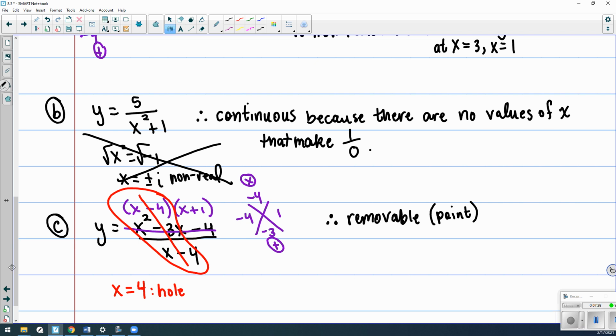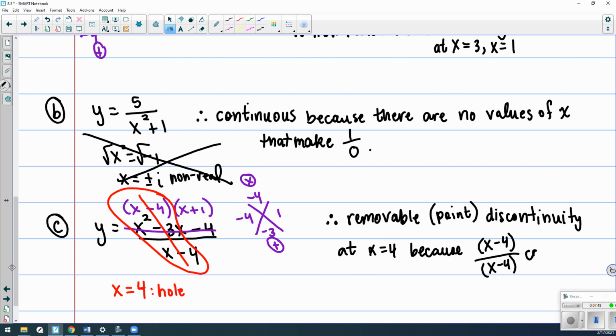We have removable or point discontinuity at x equals 4 because x minus 4 over x minus 4 cancels. And that's all I have to say about that one.